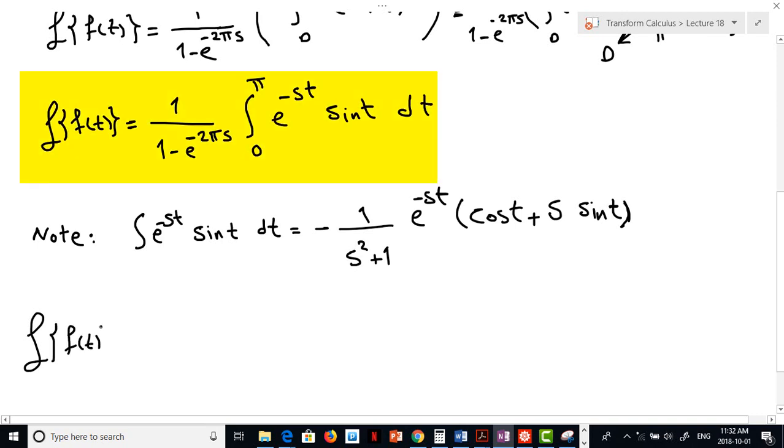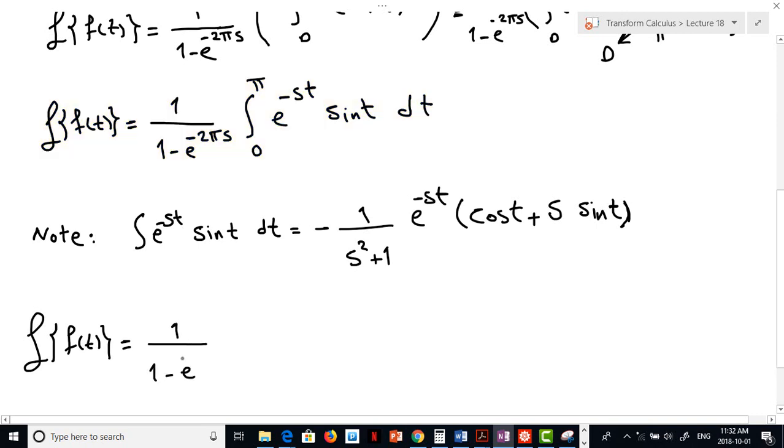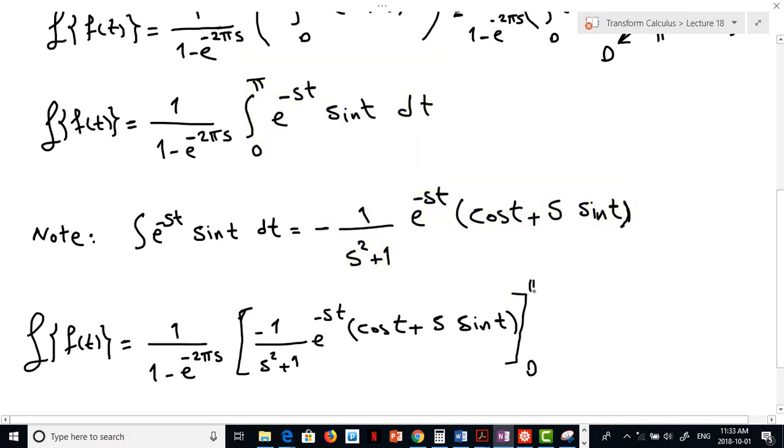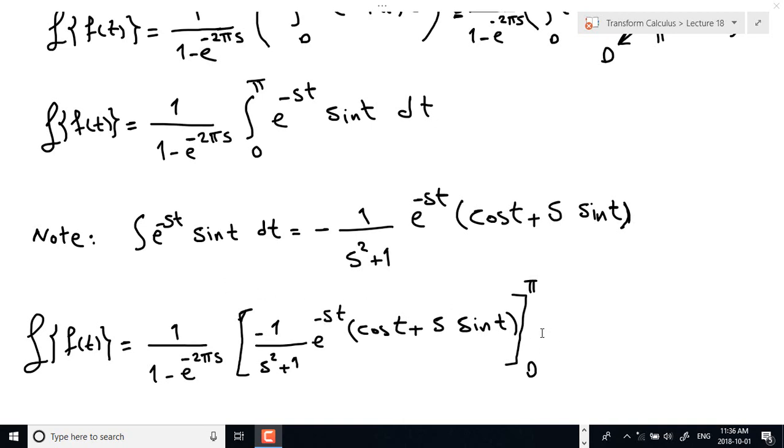The Laplace transform of f(t) is equal to 1 over 1 minus e to the power of minus 2 pi s, times the integral, which is minus 1 over s squared plus 1, e to the power of minus st, times cosine t plus s sine t, from 0 to pi.